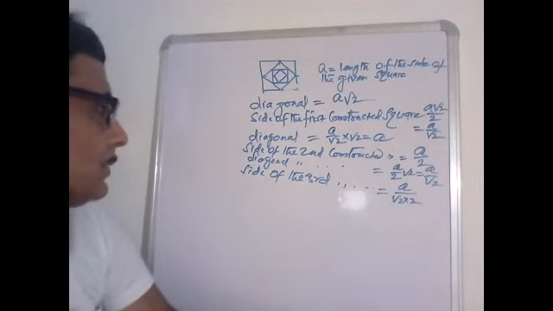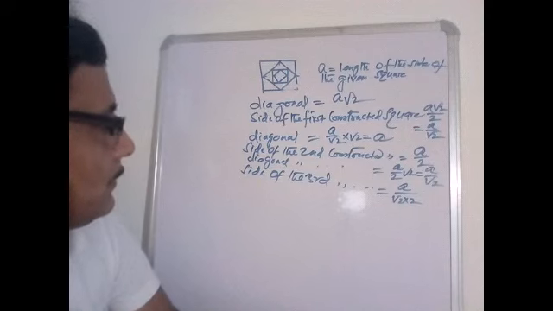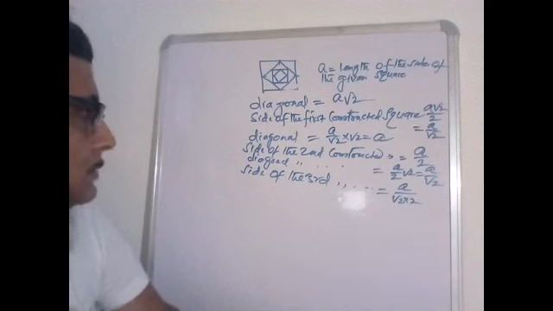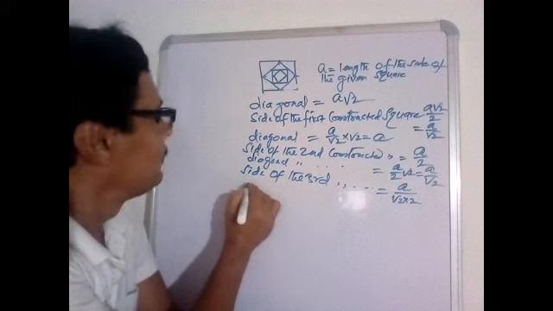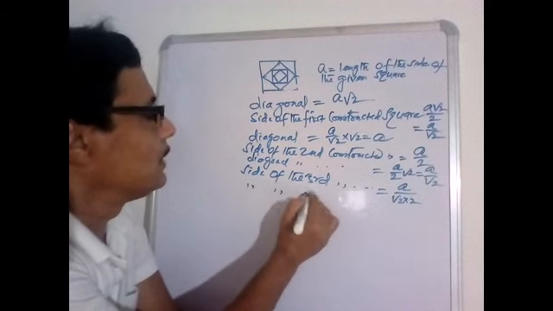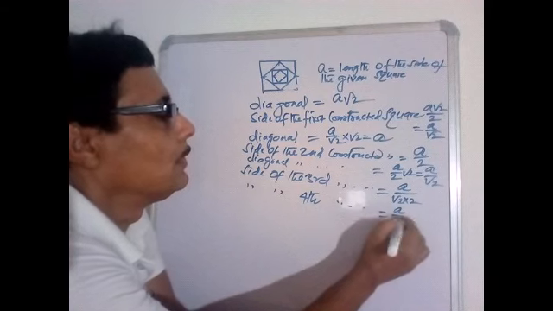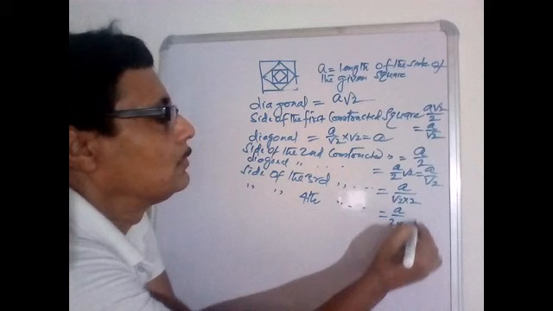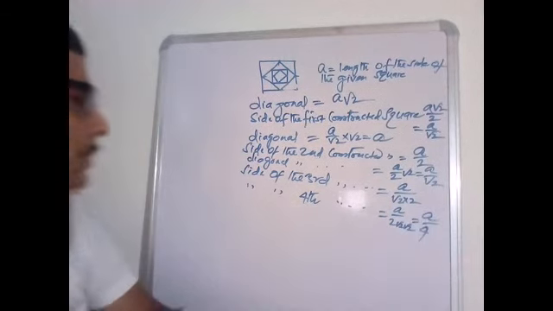In this similar manner, we can find out the length of the side of the fourth square, fifth square, sixth square, and so on. Side of the fourth square equal to A by 2 root 2 into root 2, that is A by 4, and so on.